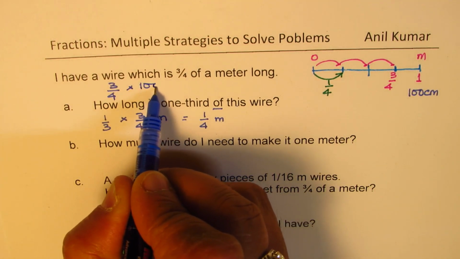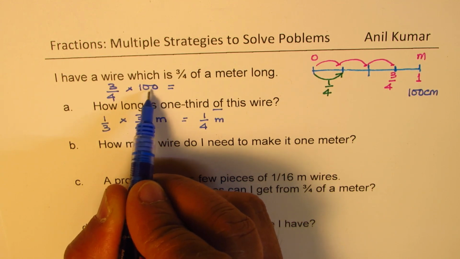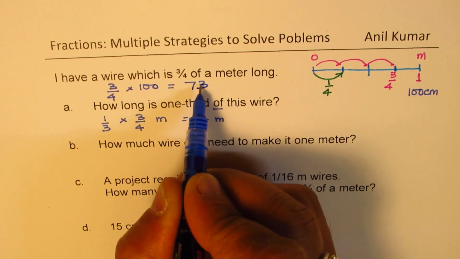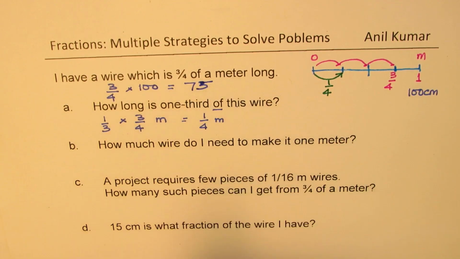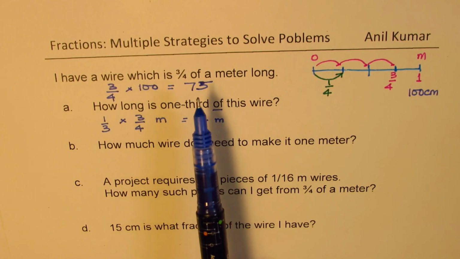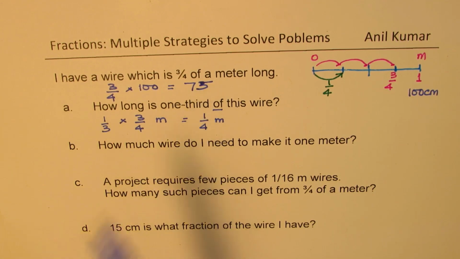So 3/4 of 100. 1/4 is 25 times 3, so 3/4 means 75. Now the question again here is, how long is 1/3 of this, right? So 1/3 of 75 is, so that is a different method.